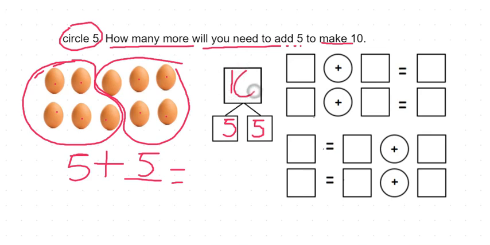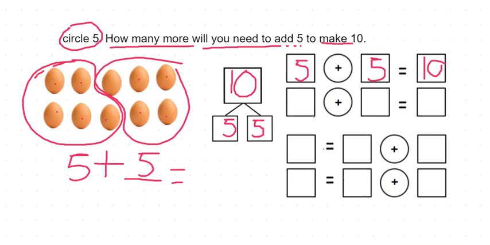Now we're going to use a part whole model to fill it in. So let's fill our blocks in on this side. I know that 5 plus 5 equals 10.